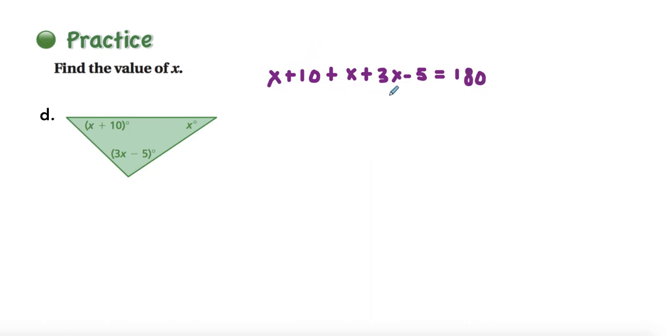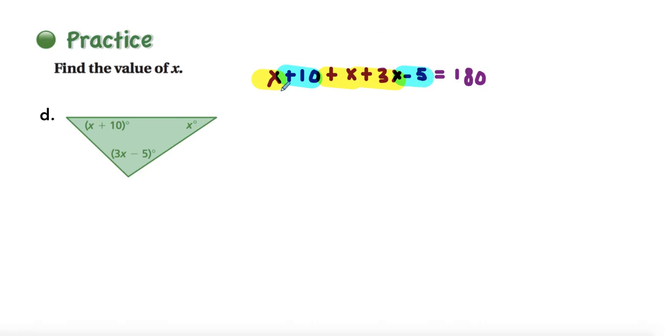I want to simplify my problem before I solve for x, so I'm looking for my like terms. Here, I'm just going to highlight my x's so that I can see them more clearly, and I'm also going to highlight my whole numbers.